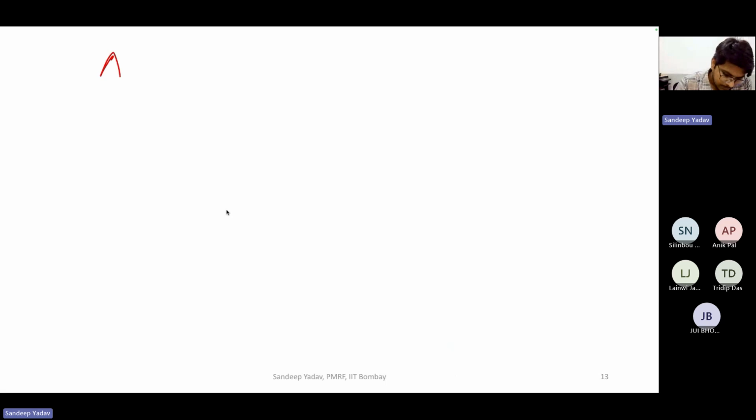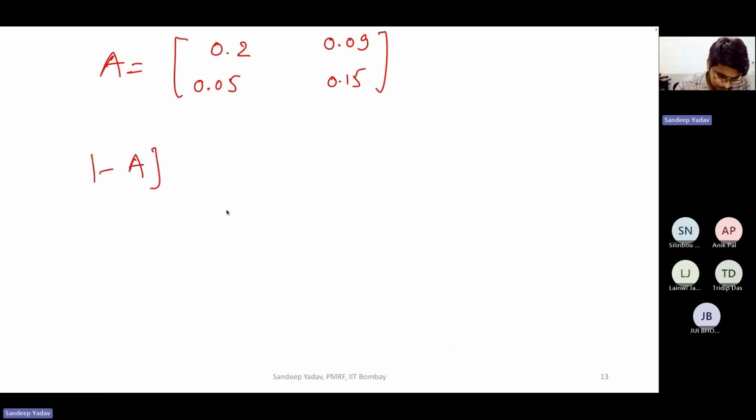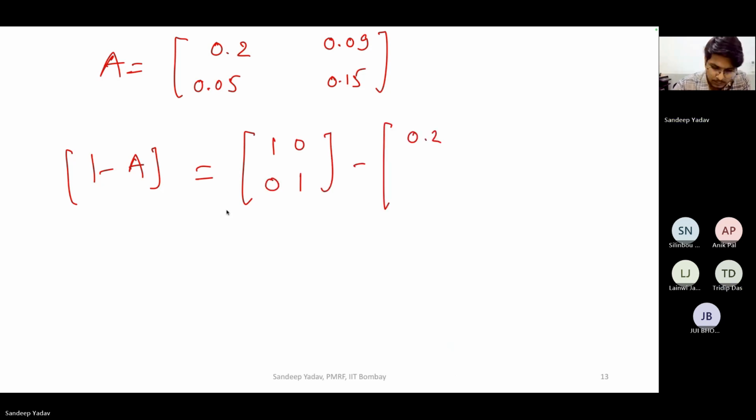So here we have written A is equal to 0.2, 0.09, 0.05 and 0.15. I will quickly solve I minus A. Identity matrix minus A: 1 minus 0.2, 0 minus 0.09, 0 minus 0.05, and 1 minus 0.15.